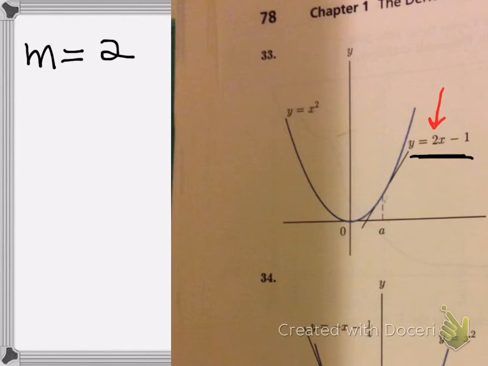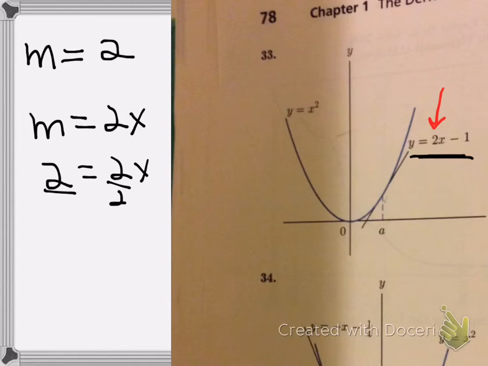So now my question is, what's point A? Well, remembering that slope on a parabola is always going to be 2x, if I know the slope is 2 and 2 has to equal 2x, then x must be 1. So this a is 1.